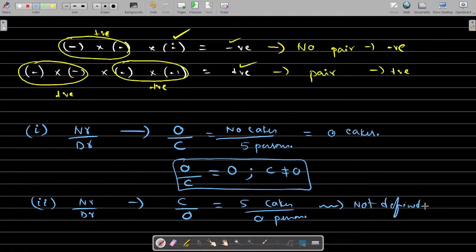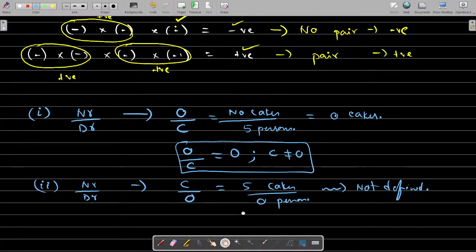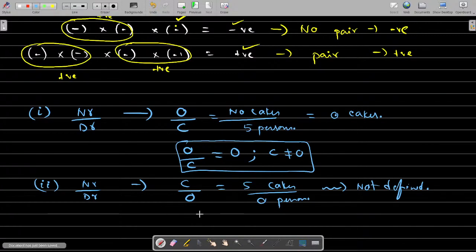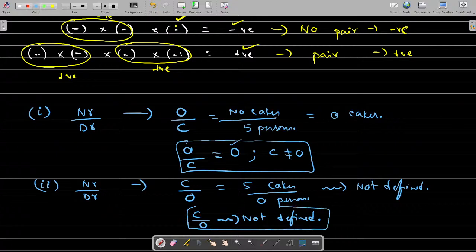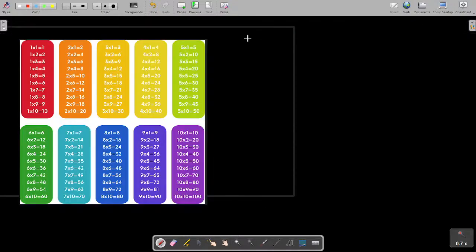So C by 0 means you cannot define it. The baker has to wait from the morning till the night to see whether any persons will be coming. So how do you say this number? If you are dividing by 0, you call it not defined. If 0 by C, the value is 0.